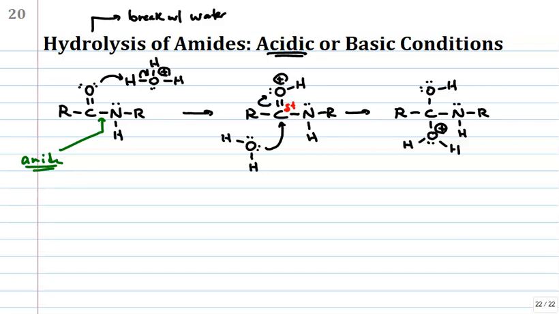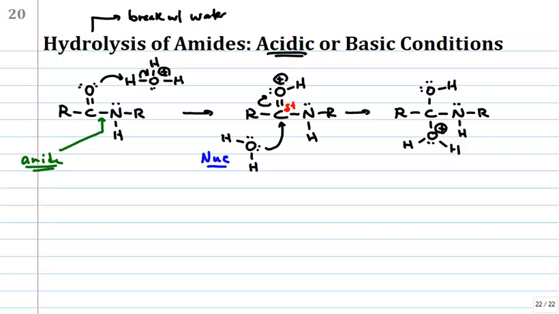So now we've got to do a couple of different things to kind of break this bond. I think the first thing we should do is let's go ahead and take one of the protons off water to get rid of that positive charge. I think that would be the best thing. So we need a base now. Again, right here, water acted as a nucleophile.